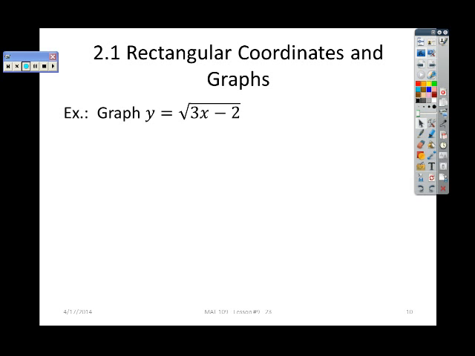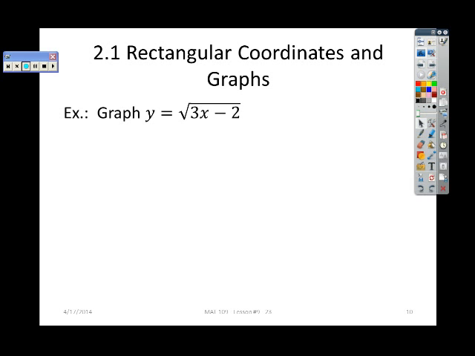Well, 1 works, because that gives me 3 minus 2, which gives me 1. That'll give me a graph. With something like this, where you have parts of the grid that you cannot get a value for, I can't have x be negative, right? Because that won't work. So where is it that I can begin?